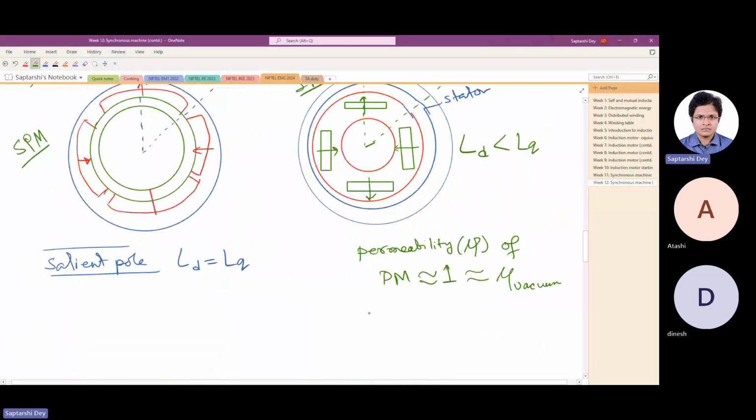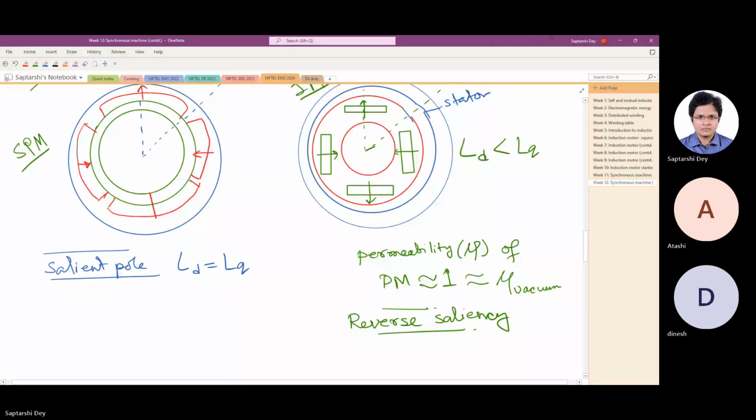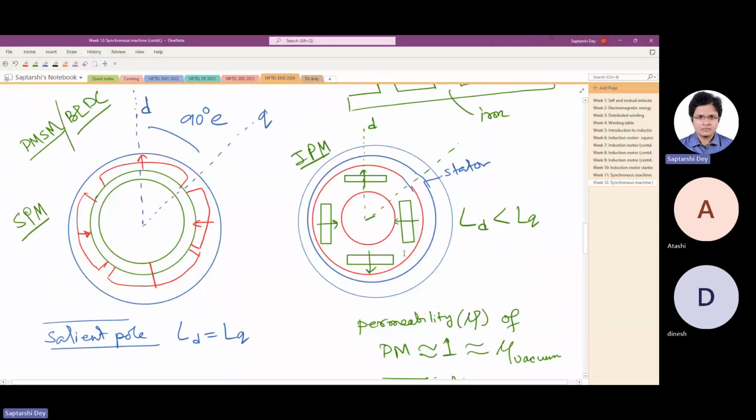This is also sometimes called reverse saliency. Reverse saliency. LD is less than LQ. Okay. Any doubt in this discussion? Okay, if not, then we will move forward.